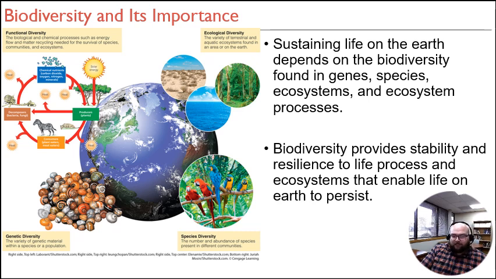Another aspect would be ecological diversity. This is a diversity in habitats within an ecosystem, and on a bigger scale, ecosystems in a larger area. The diversity in habitats and ecosystems creates a gradient of processes that leads to the fourth, which is functional diversity.